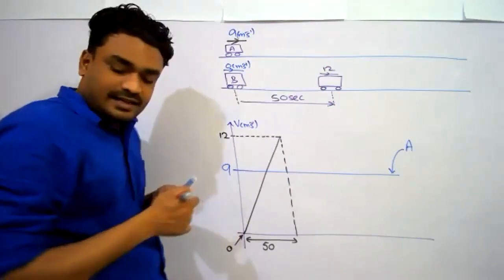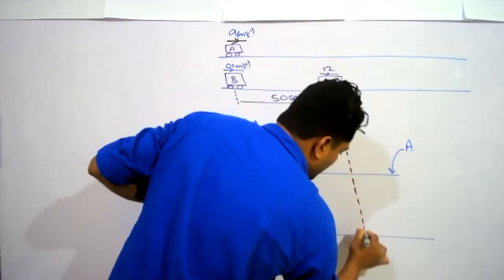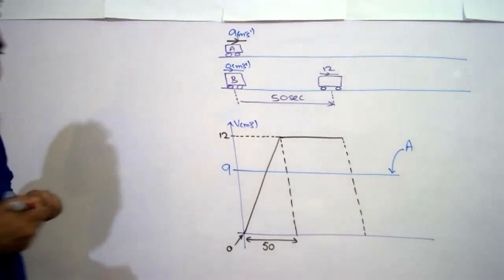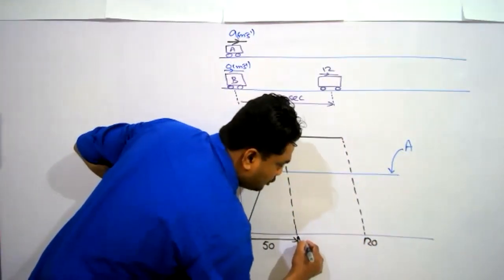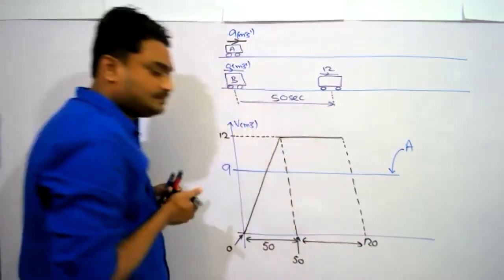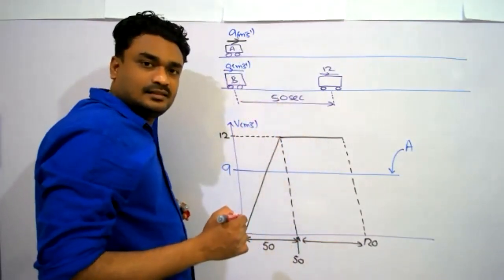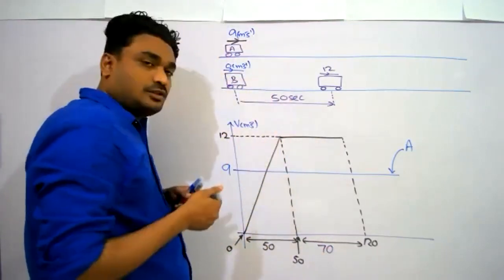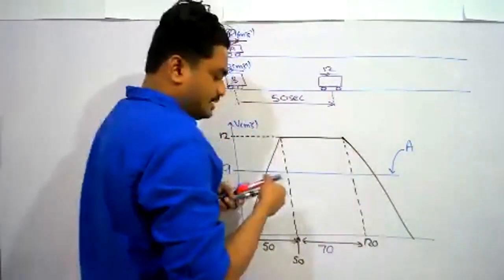After that, the graph tells us B travels with a constant velocity of 12 for a period of 70 seconds. So this is 120, this is 50. What should be this gap? 70 seconds. Very good. During the next 70 seconds, it travels with a constant velocity of 12 and finally it decelerates and comes to rest.